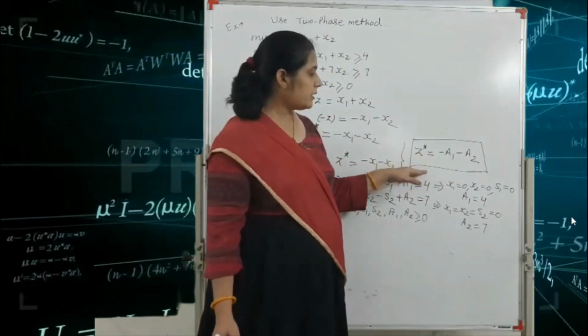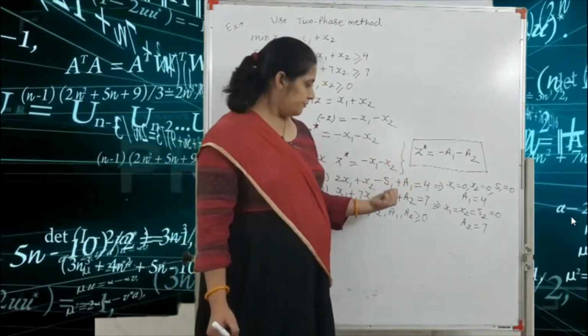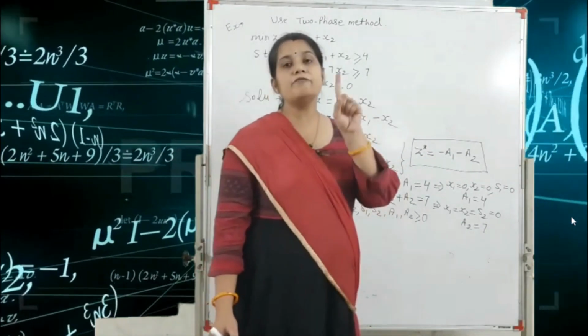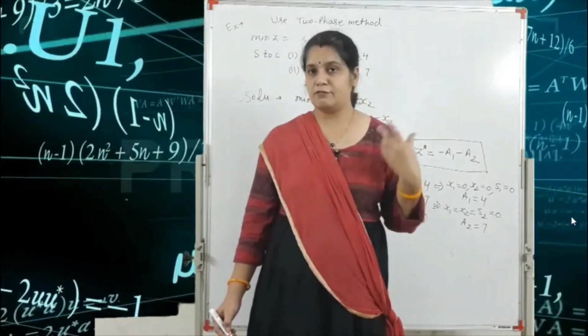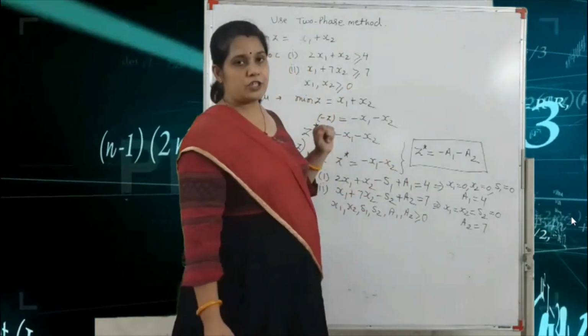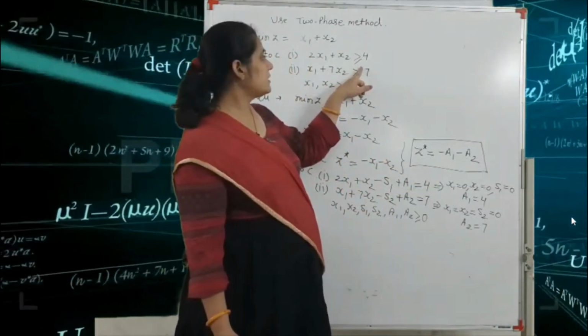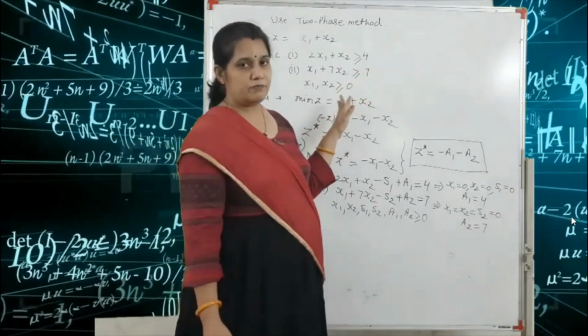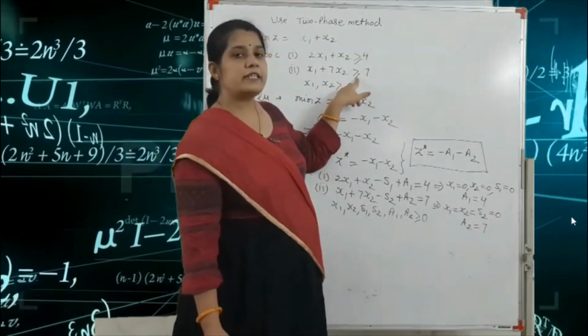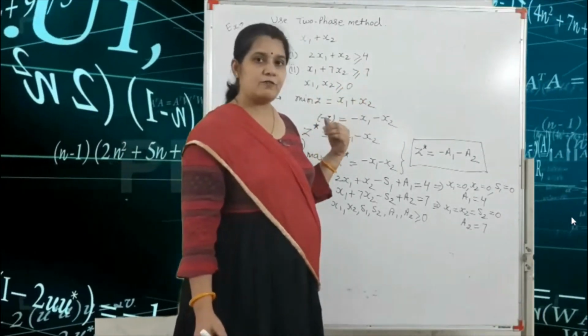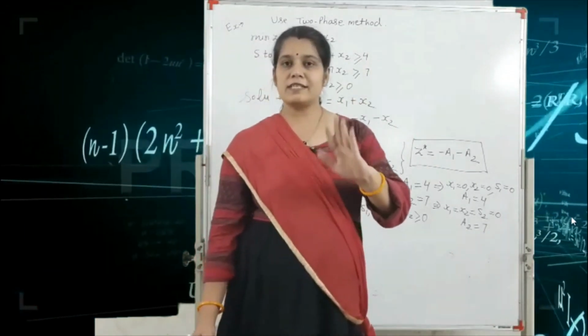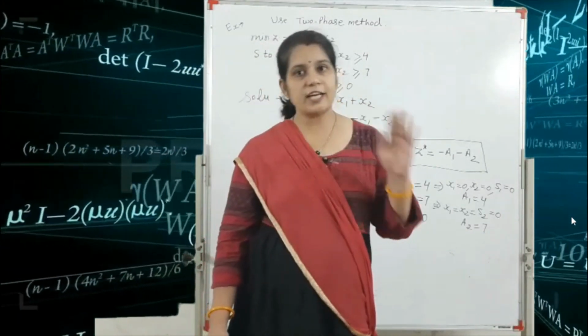Always keep in mind, if an inequality is of less than or equal to type, we use a slack variable, not a surplus or artificial variable.